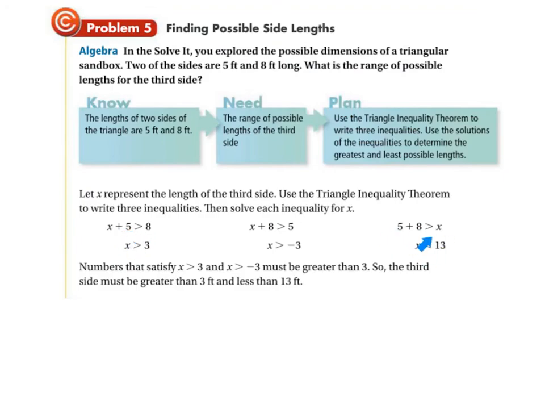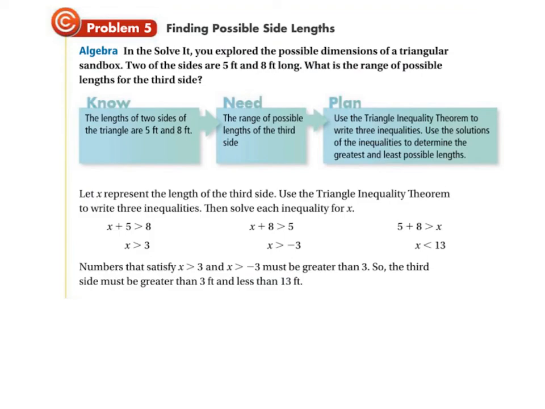It's got to be less than, though, in this case, 13. And the way they did it, they just added it together and kind of flipped it. So we know that x has to be greater than 3 and less than 13. Okay. Once we know that, we can say x has to be greater than 3 feet and less than 13 feet.